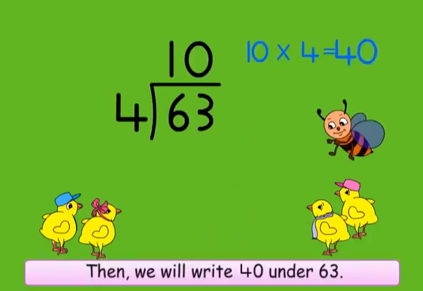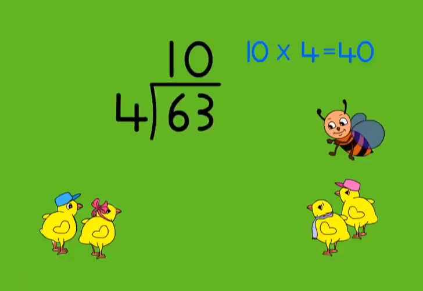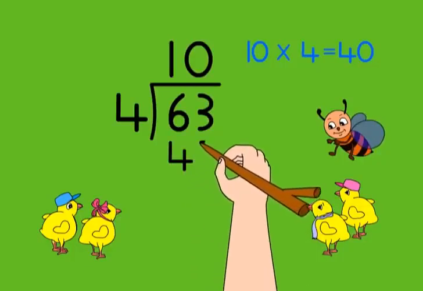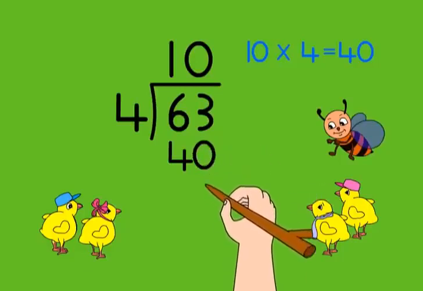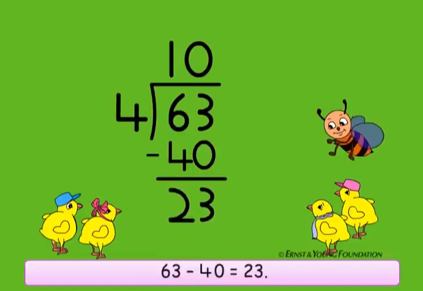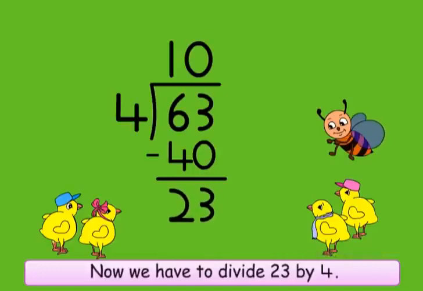Then we will write 40 under 63. 63 minus 40 is equal to 23. Now we have to divide 23 by 4.